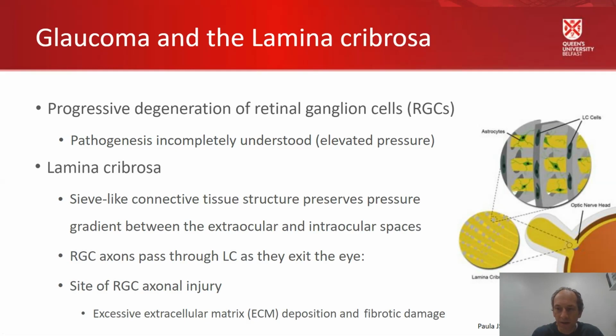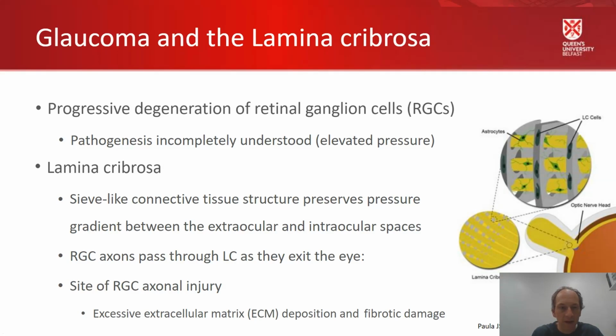A particular area that's come under focus is the lamina cribrosa, which is shown in the diagram on the right. The retinal ganglion cell axons spread across the surface of the retina, bringing the signals from the visual process out through the optic nerve and back to the brain.